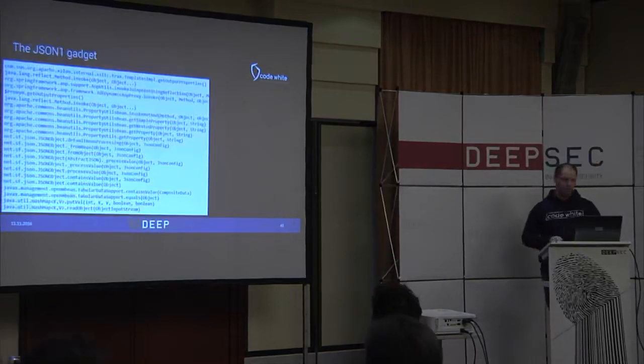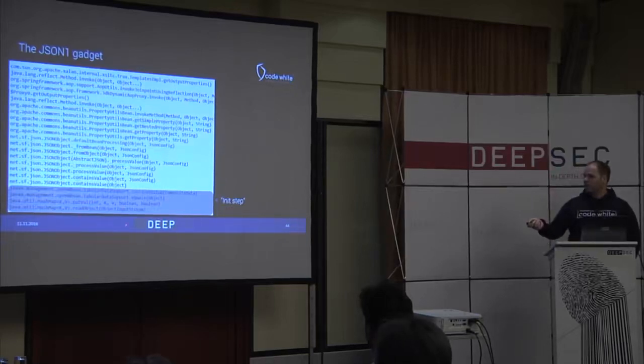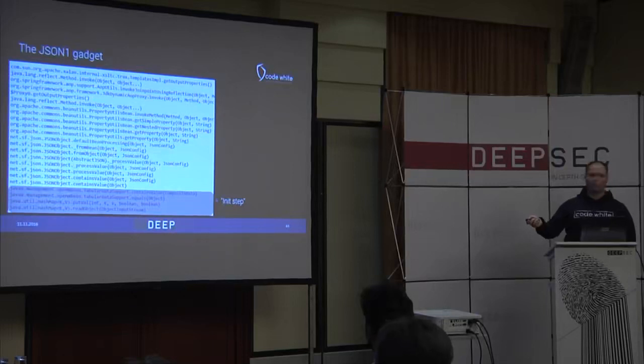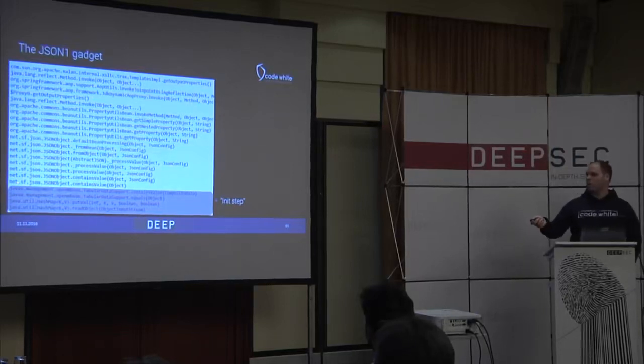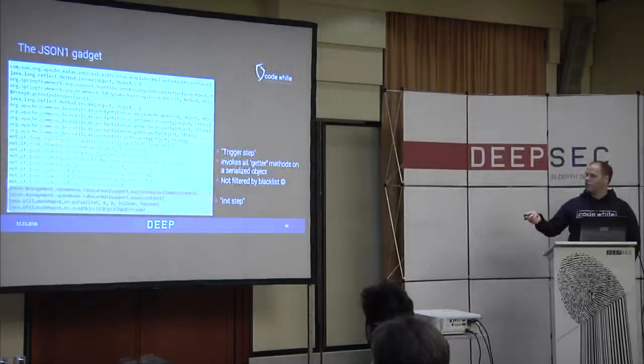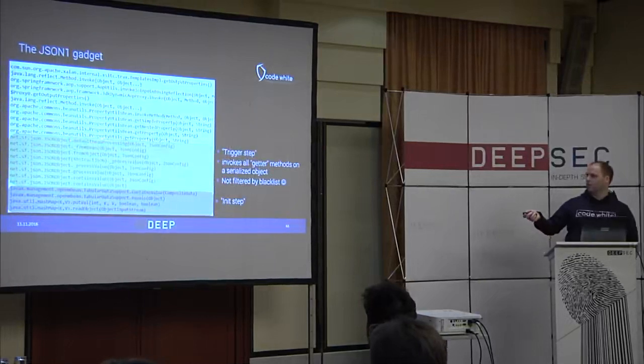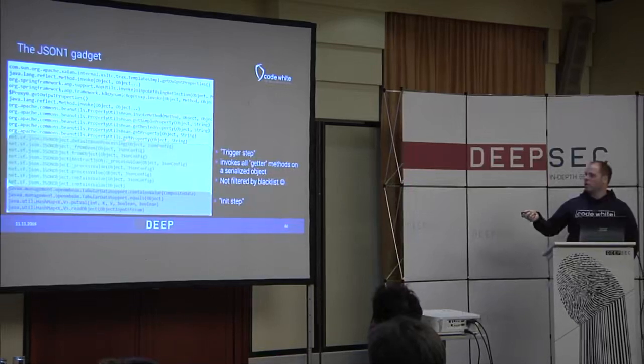And if you look at the call tree of this gadget, hopefully you can read it. It starts with an init step in a HashMap readObject, and then we transfer the control to a JSONObject containsValue call, and JSONObject implements the Collection interface. So you can call containsValue on any collection. And what will happen in the very end of the JSONObject call tree is that the default bean processing method will be called with 2 parameters, object and JsonConfig.